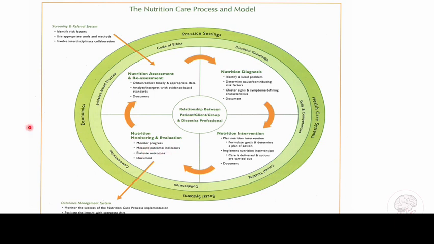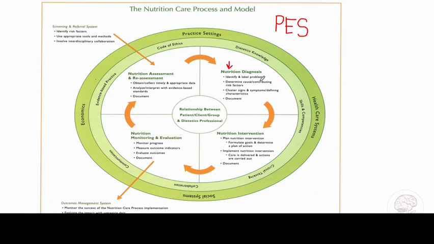And I want you to keep all of these in mind for when we start doing our PES statements, which stands for problem, etiology, and symptoms. When we're doing our PES statements, this is really where we're defining our problem.